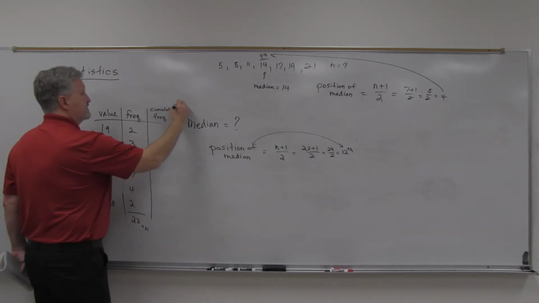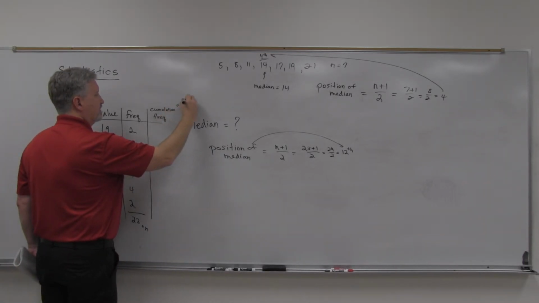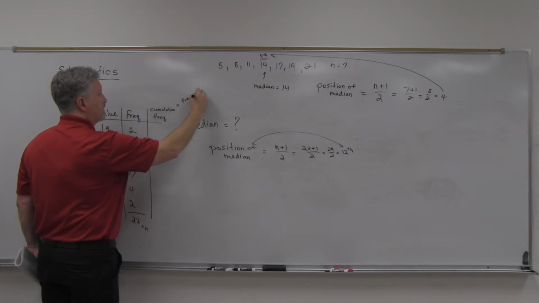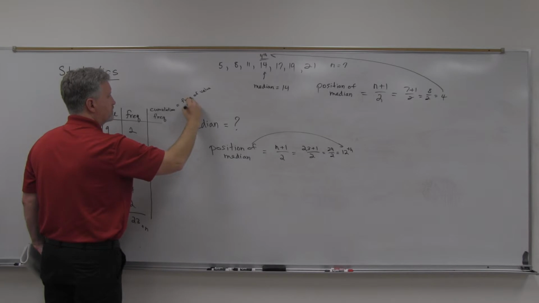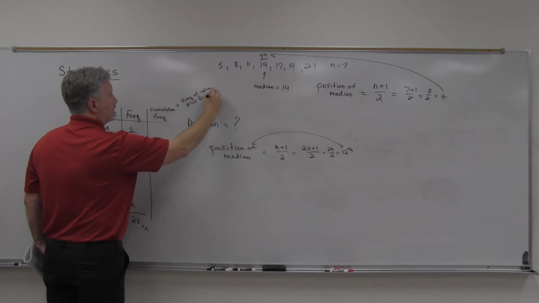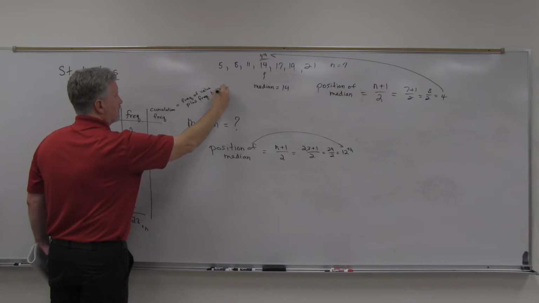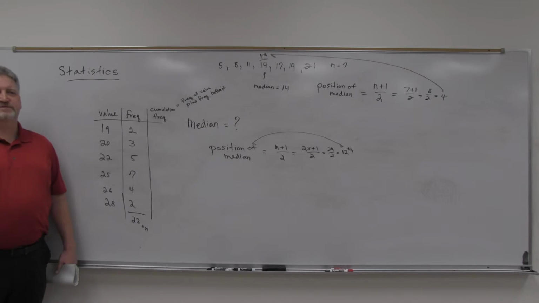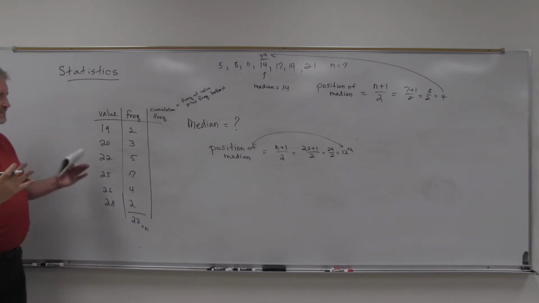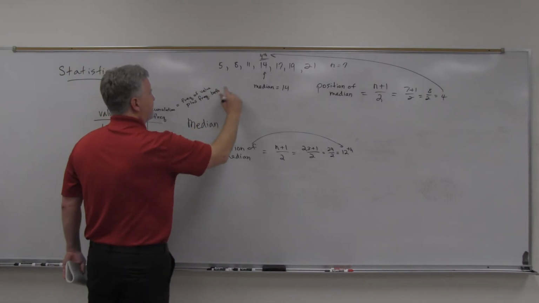The cumulative frequency is just the frequency of the value plus all the frequencies before it. If they're in order, I mean, it's the frequency of the value plus all the frequencies of the values that are less than it. Put it a more wordy way. Well, I'm supposed to write bigger.